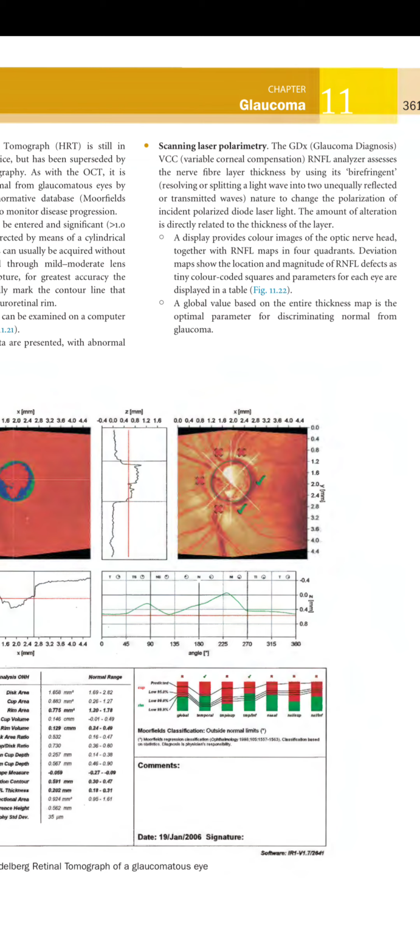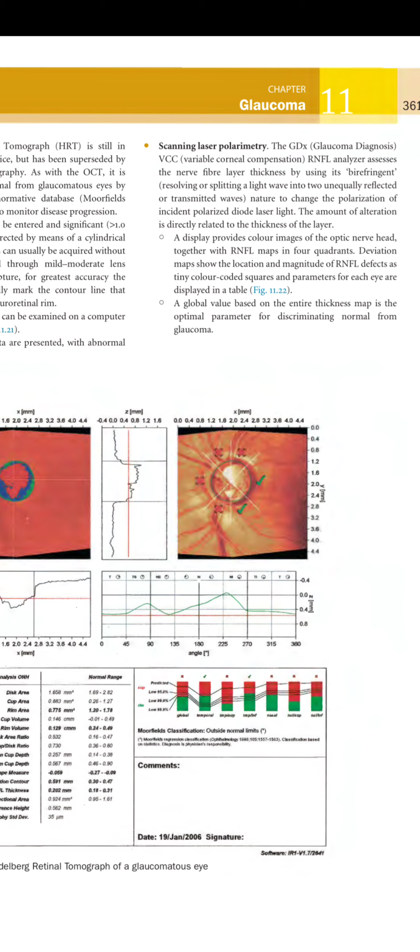Then there is scanning laser polarimetry. The GDx variable corneal compensation RNFL analyzer assesses the nerve fiber layer thickness by using its birefringence, resolving or splitting a light wave into two unequally reflected or transmitted waves. Basically, it changes the polarization of the incident polarized diode laser light.